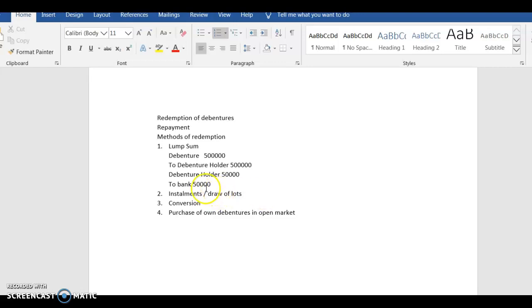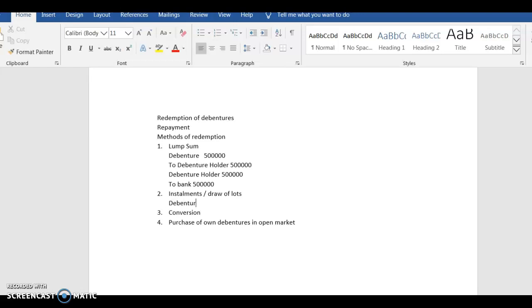It was decided that you will be redeeming 1 lakh every year, or we'll do a draw of lots, just like a lottery, to decide which debentures will be redeemed in which year. So maybe in 1 year you redeem 20,000, in another 30,000, and so on. The entry remains pretty much the same, only the amount changes.